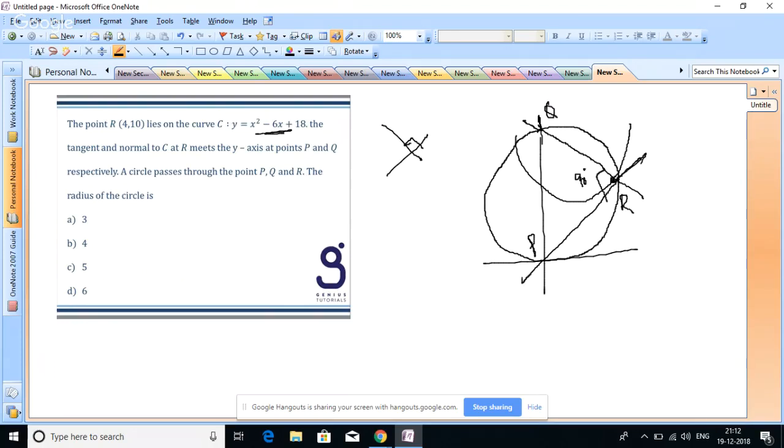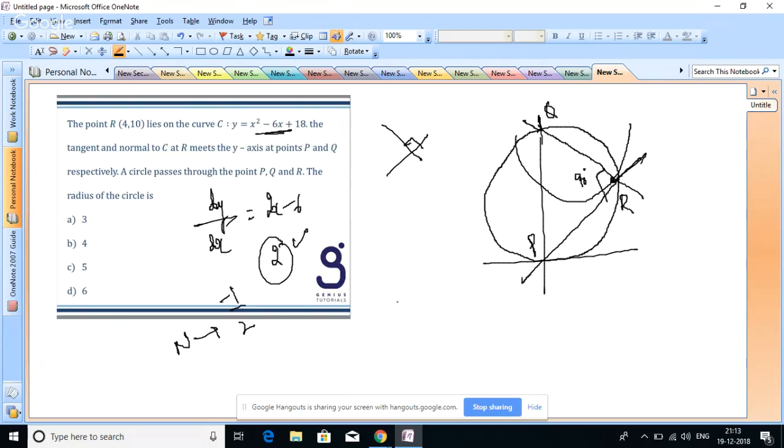Now you just find the equation of this tangent and this normal. Before that, you have to find the slope of the tangent and normal. So what will be the value of dy by dx? That would be 2x minus 6, and at point (4, 10), you substitute, and 2 will be the slope of the tangent. Similarly, the slope of the normal will be minus 1 by 2.